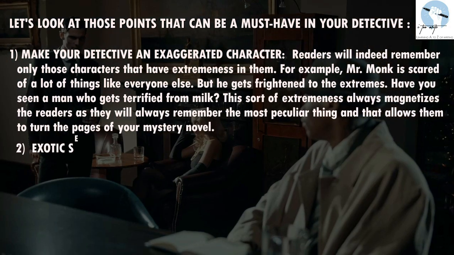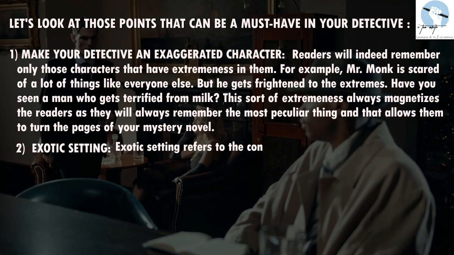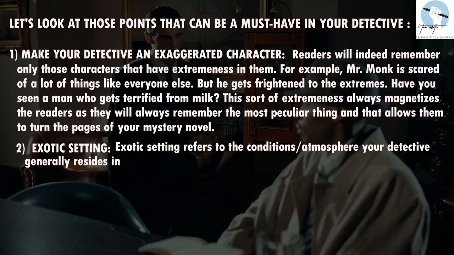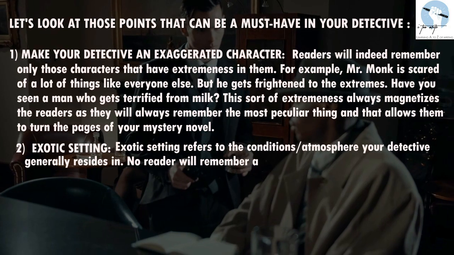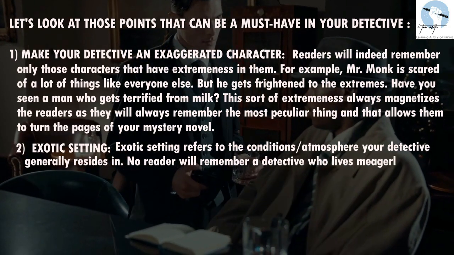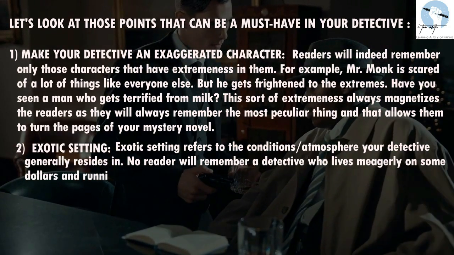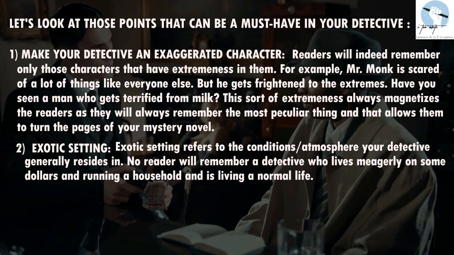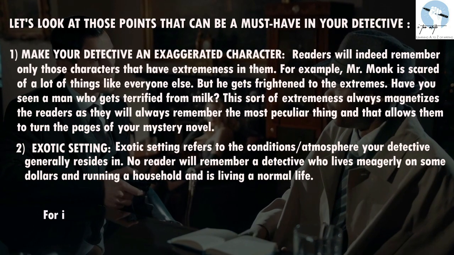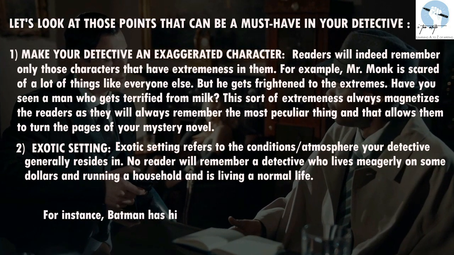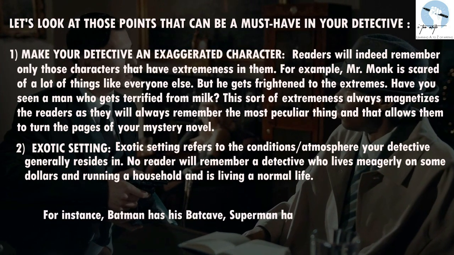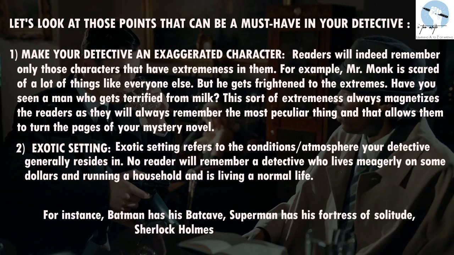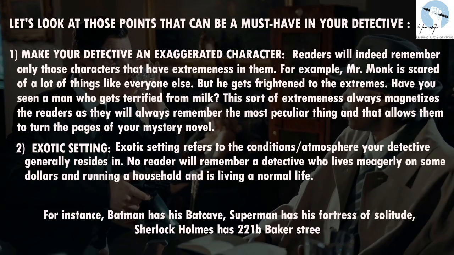2. Exotic setting. Exotic setting refers to the conditions and atmosphere your detective generally resides in. No reader will remember a detective who lives meagerly on some dollars, running a household and living a normal life. For instance, Batman has his Batcave, Superman has his Fortress of Solitude, Sherlock Holmes has 221B Baker Street.